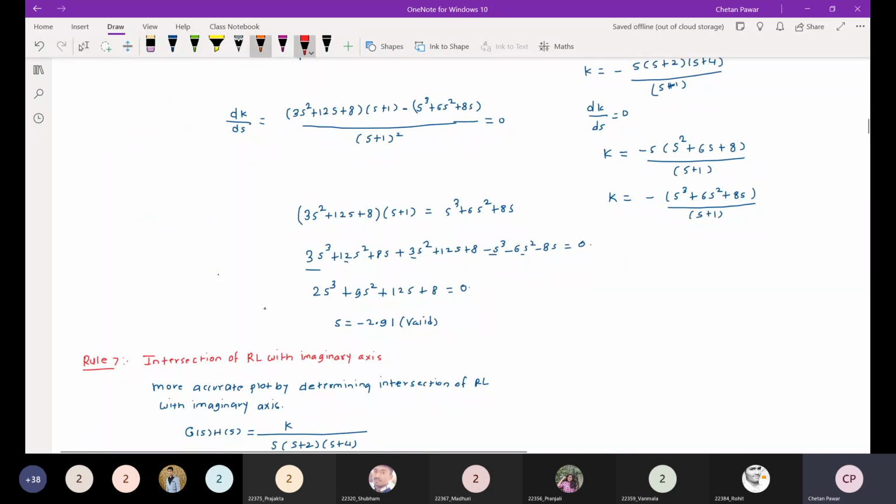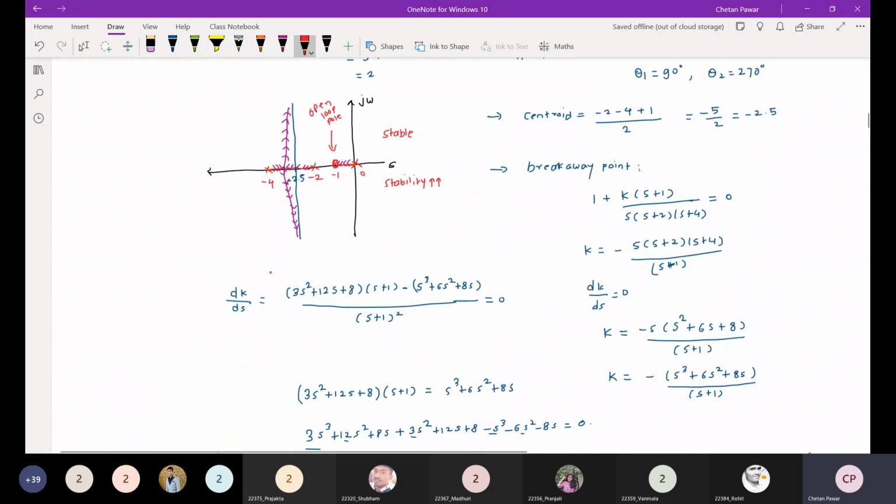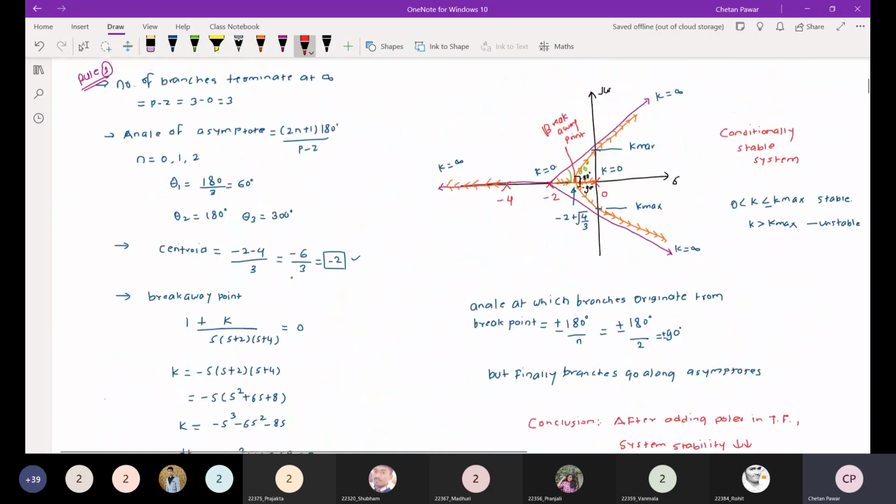So the conclusion you can draw here is that system stability increases, right?